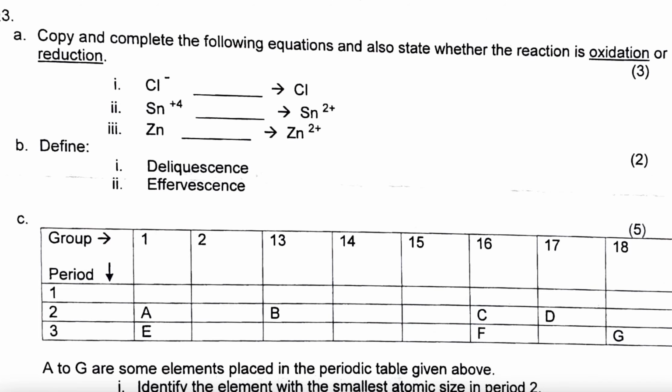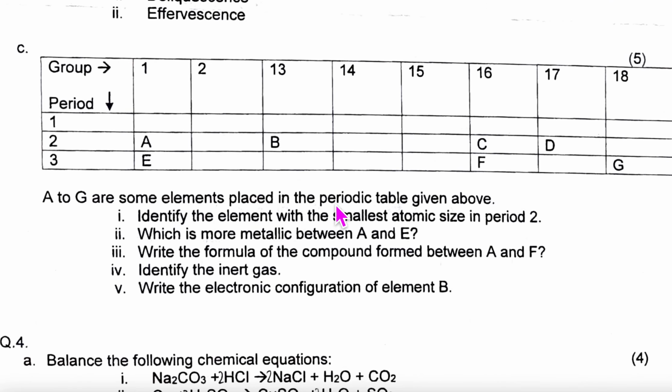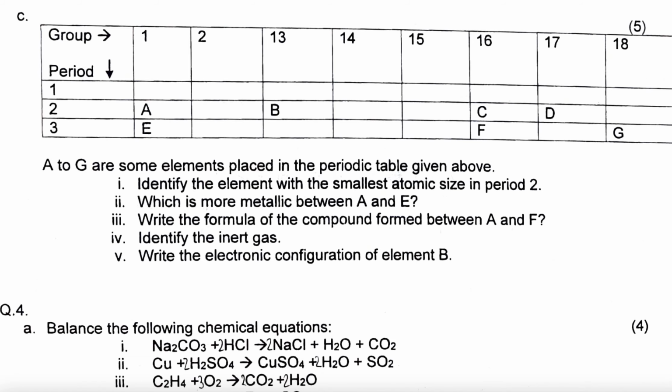Alright? Now tell me. Deliquescence, effervescence, learning work. They give you this. Don't say this is lithium or sodium. You have to write it as A, E, B, whatever. Identify the element with the smallest atomic size. Atomic size decreases across.